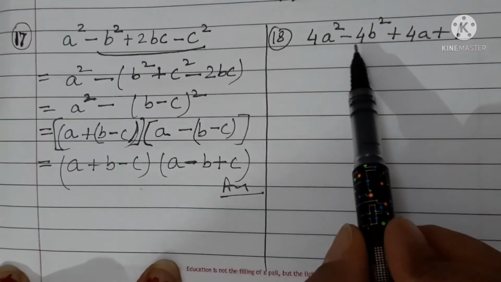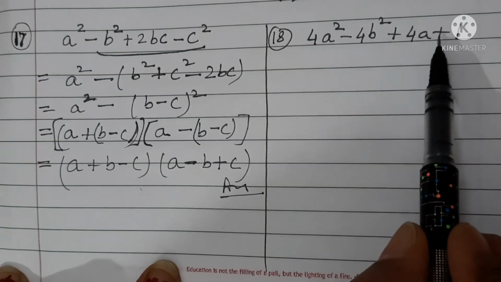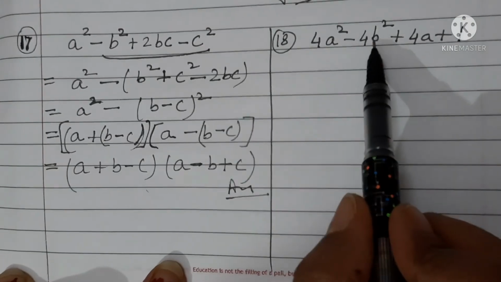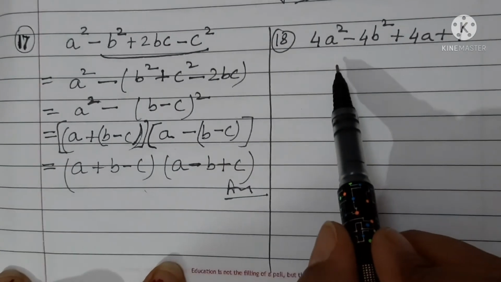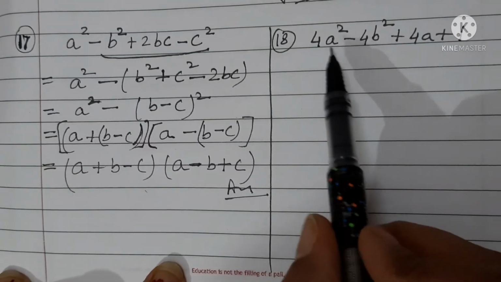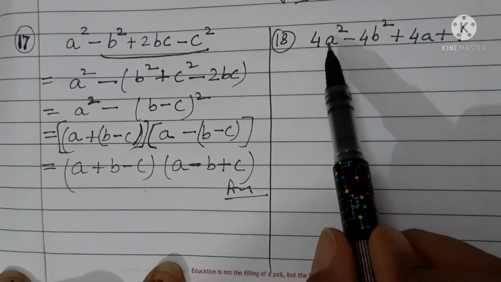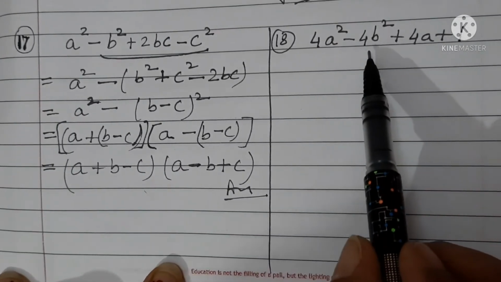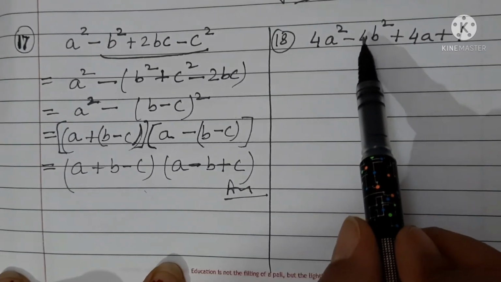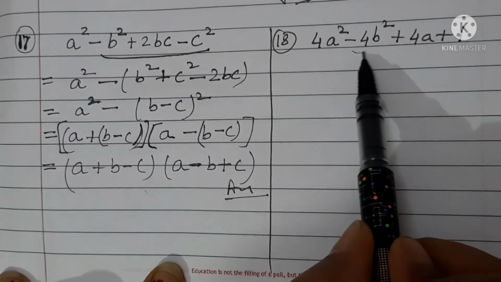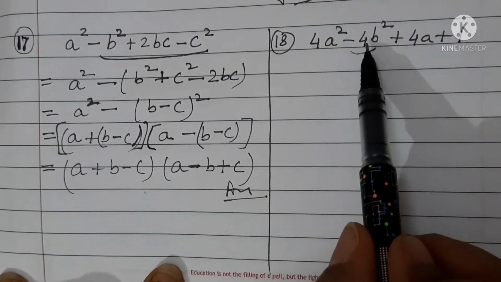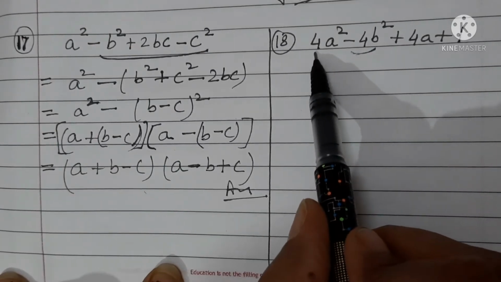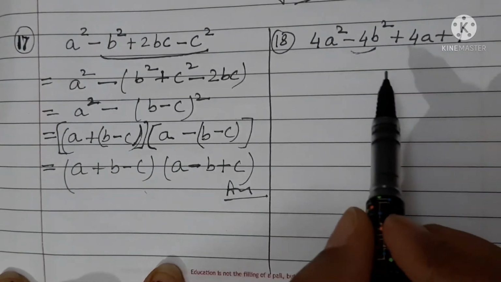Question number 18: 4a² − 4b² + 4a + 1. Students, don't take these two terms together using a² − b², because it is of no use and you can't find the answer that way. Try another way. See this term, 4b²: you can make it a whole square, (2b)². And see the other three terms, 4a² + 4a + 1.